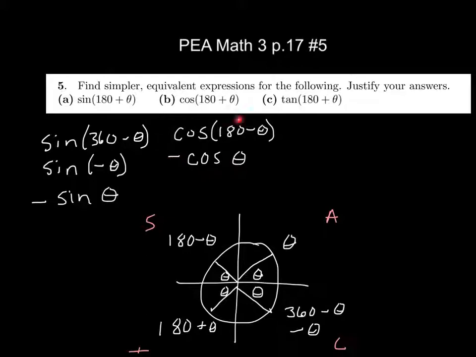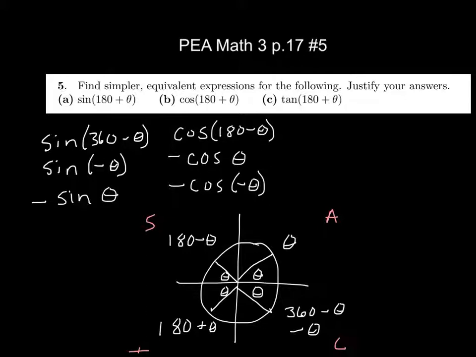Yes, those are equal. Could I do this? Why not? Because cosine's positive right here, right? I just took the positive and made it negative. There's a whole thing about positives and negatives right here.